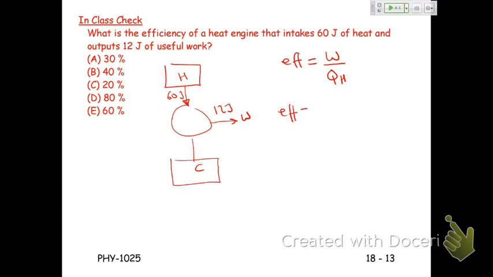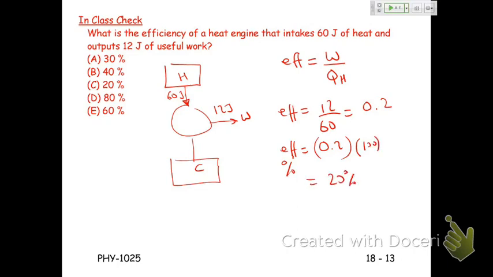So the efficiency is equal to the work, which is 12, over what I put in, which is 60, which is 0.2. That as a percentage is 0.2 times 100, which equals 20%.